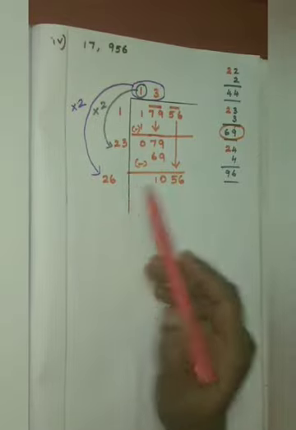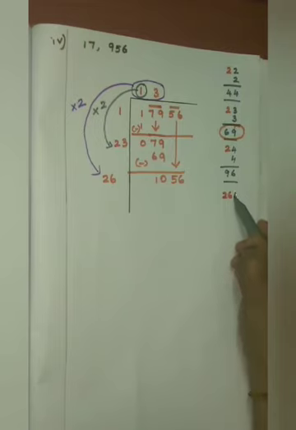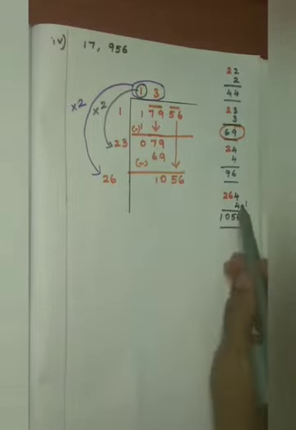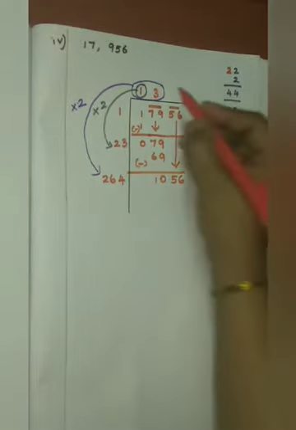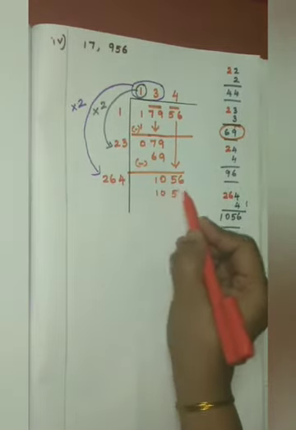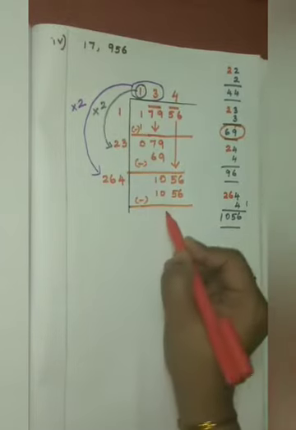Let us try with 4 first. So 264, when it is multiplied by 4, 4 4s are 16, 1, 24, 25, 2, 10. We get 1056. So the required digit is 4. Write 4 in divisor place and in quotient place. Write 1056 below 1056. Subtract it. We get 0 as the remainder.